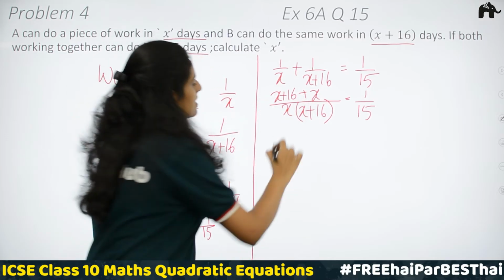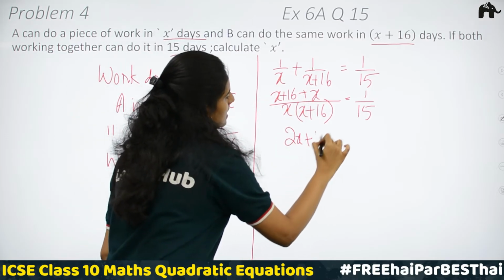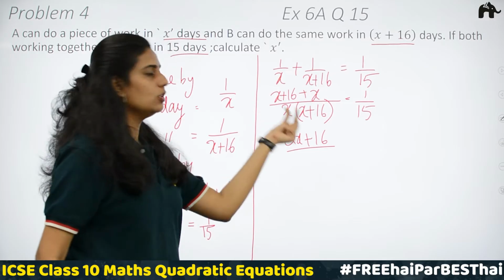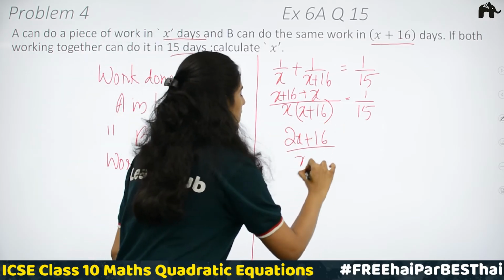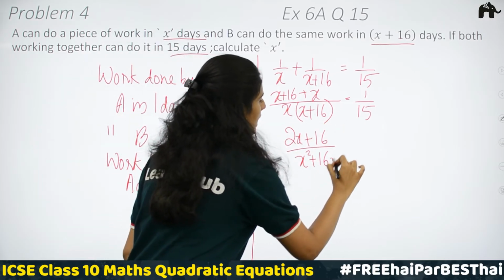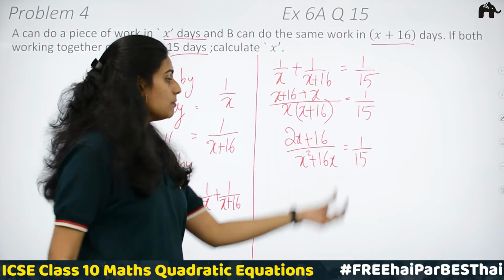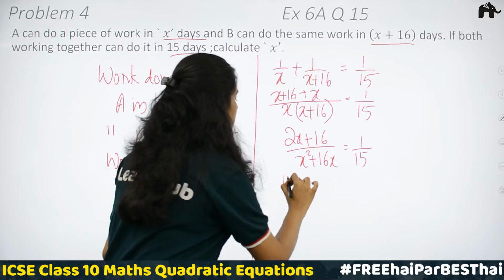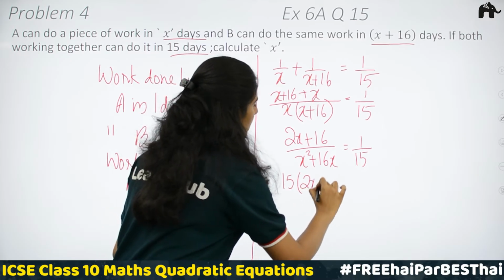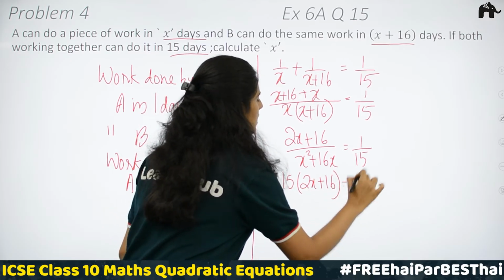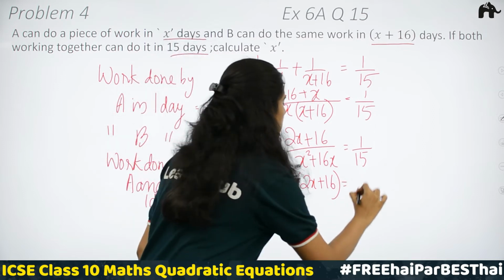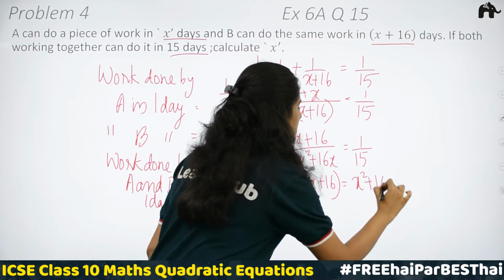X plus x, 2x plus 16 divided by x into x plus 16, that is x square plus 16x, is equal to 1 by 15. Next step, cross multiplying. 15 into 2x plus 16 is equal to 1 into x square plus 16x.